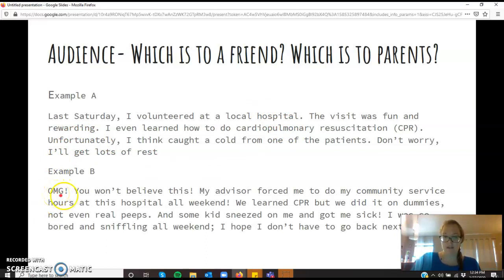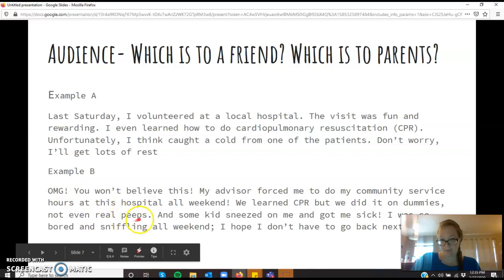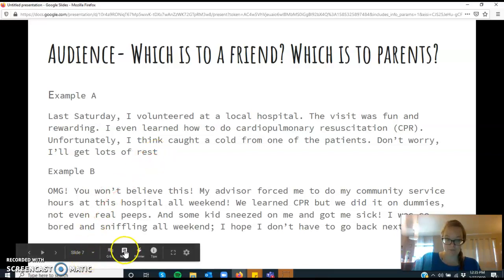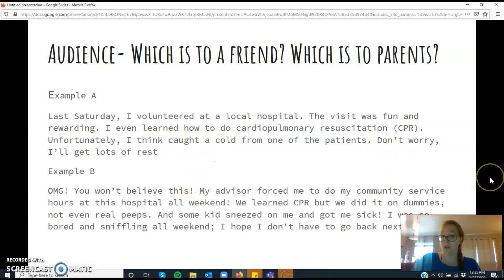You've also got some slang, kind of like peeps, and OMG, I guess, would also be slang. Also in the first example where they say, "Don't worry, I'll get lots of rest." That's something you say to your parents, right?